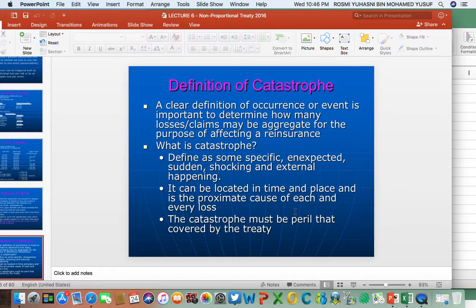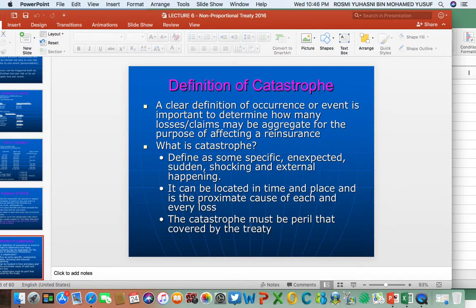Again, there can be several causes which contribute to the loss. And for the reinsurer to pay the claim, the loss must be proximately caused by catastrophic, meaning that the catastrophic event is the dominant cause of loss.